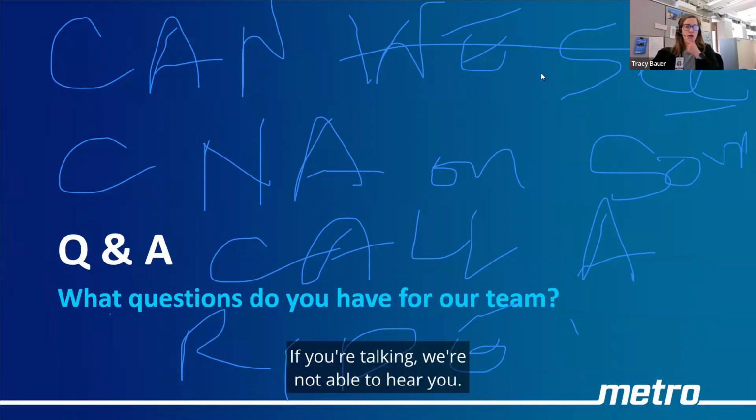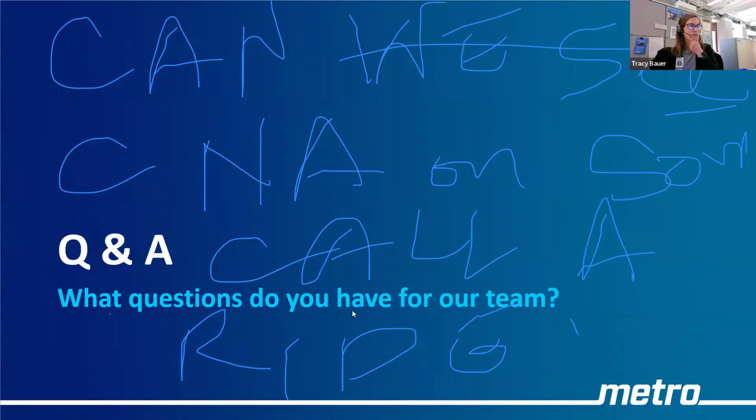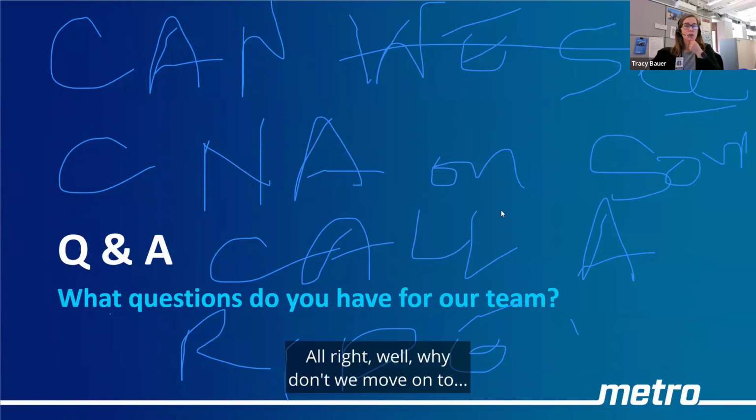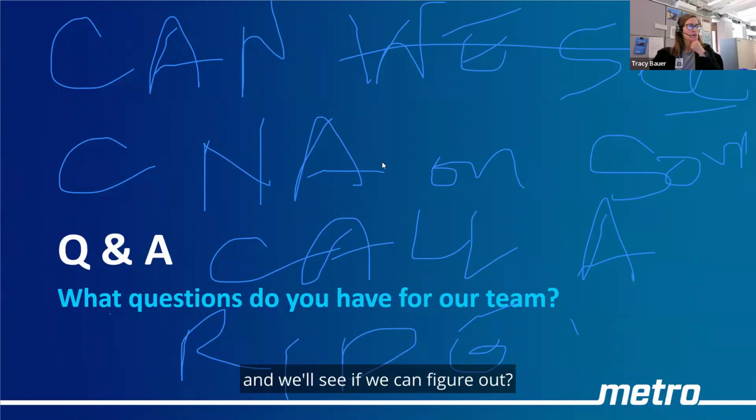If you're talking, we're not able to hear you. All right, well, why don't we move on to Brian? Would you like to go ahead and unmute and try to ask your question, and we'll see if we can figure out.